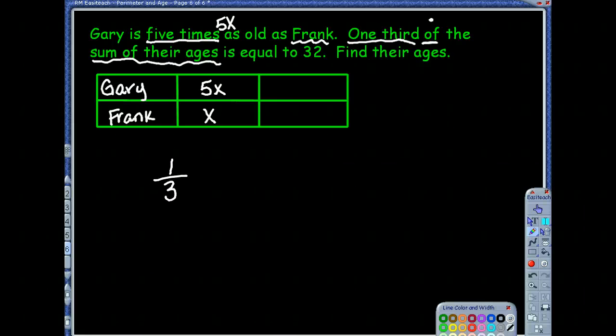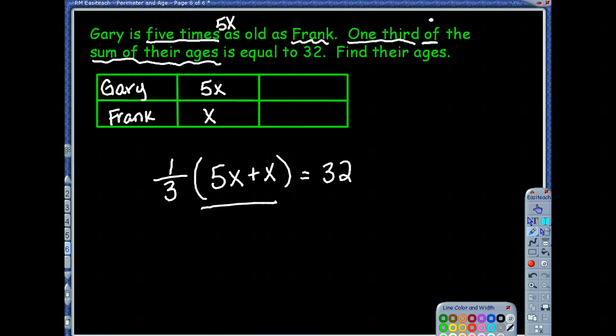In order to show that we're doing the sum of, we're adding, and we've got that keyword next to the word of, that's our reminder to put it in parentheses. So we want to add their ages, but we want to take 1/3 of the whole sum. Not just 1/3 of one of their ages or 1/3 of the other one, 1/3 of the whole sum. That is going to equal our 32.